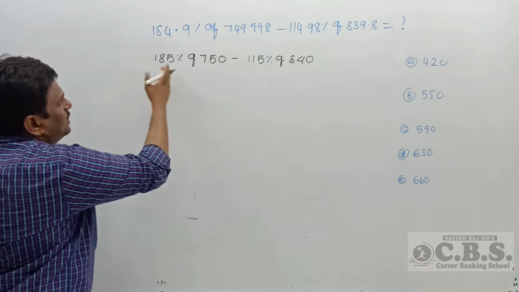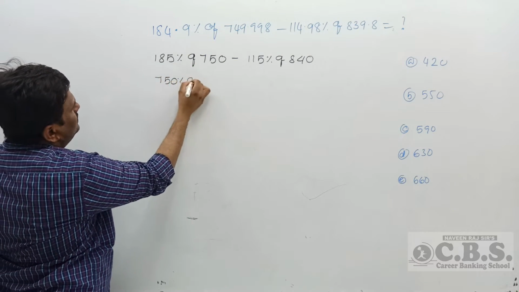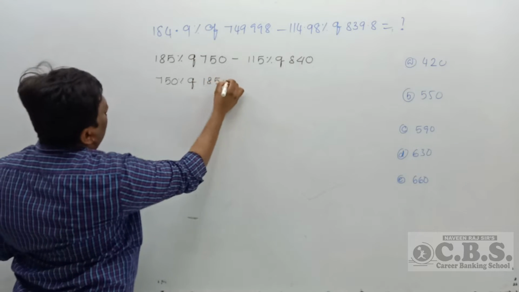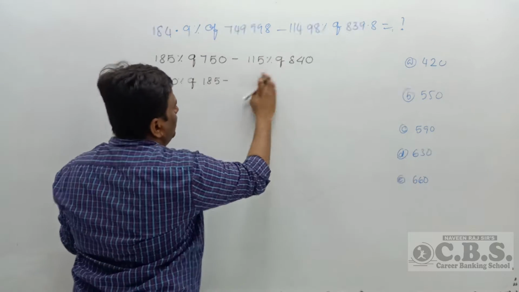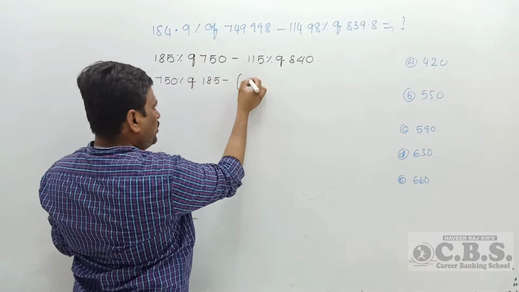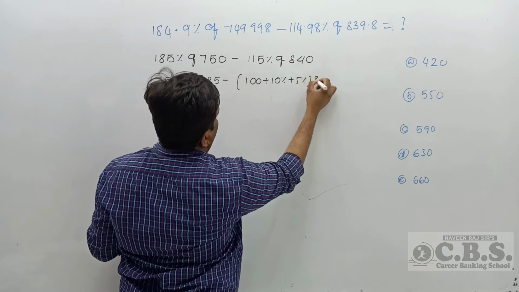And x% of y, go for y% of x. I go for it as 750 percentage of 185, and I am going to split it as 100 percentage. Or you can go for the double and half technique, that is also possible. Or you can split it as 100 percentage, 10 percentage, and 5 percentage of 840.